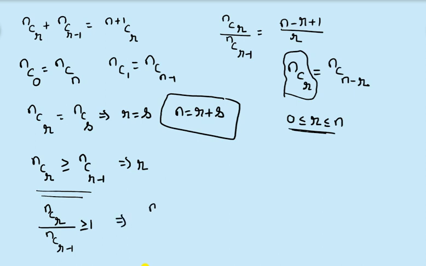From this information we can write (n-r+1)/r ≥ 1. So from this we can write n+1 ≥ 2r. Therefore we get r ≤ (n+1)/2.